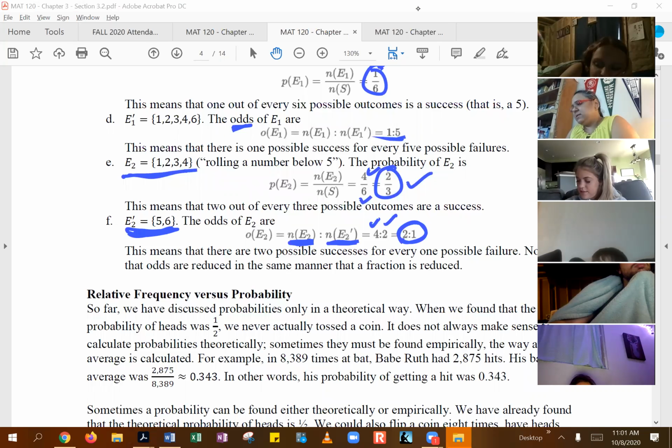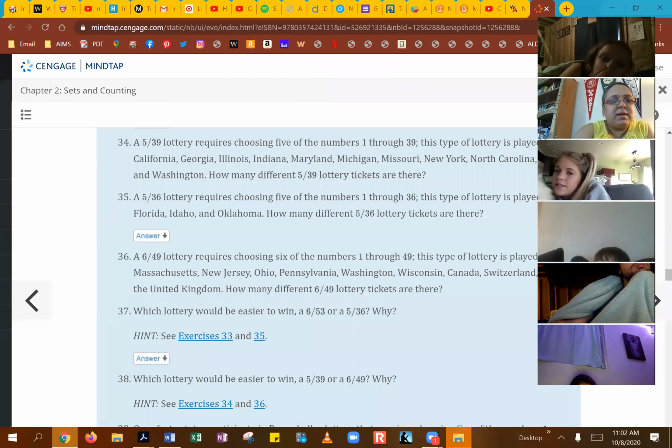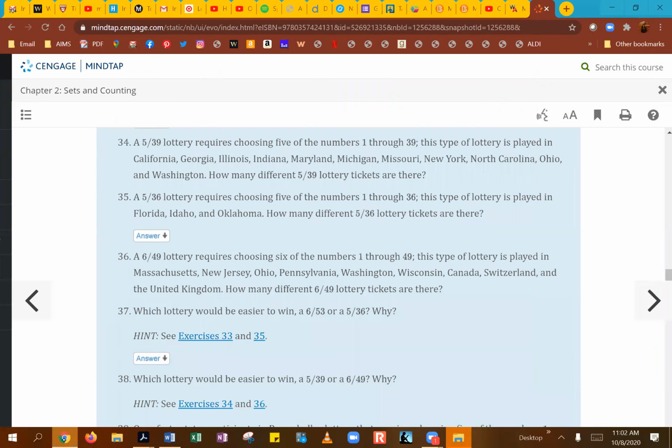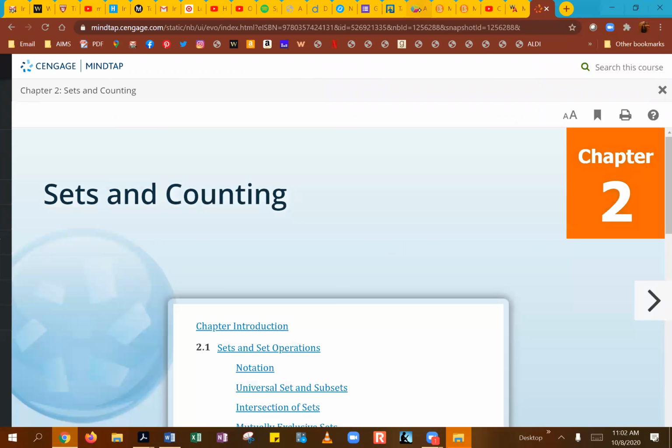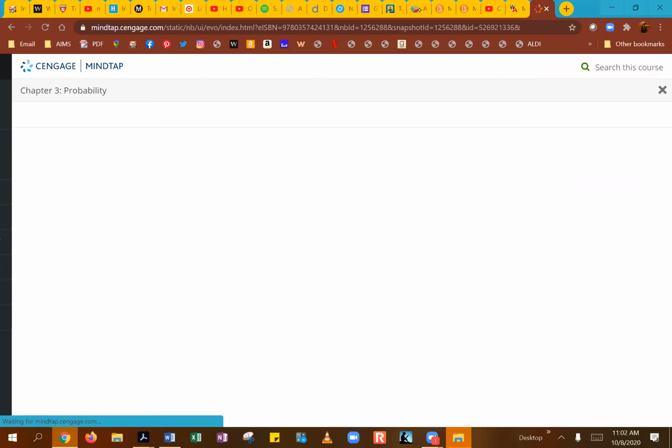Okay, so let's see if we can do an example from our textbook over here. Let's take a look at, actually I'm going to go back to 3.